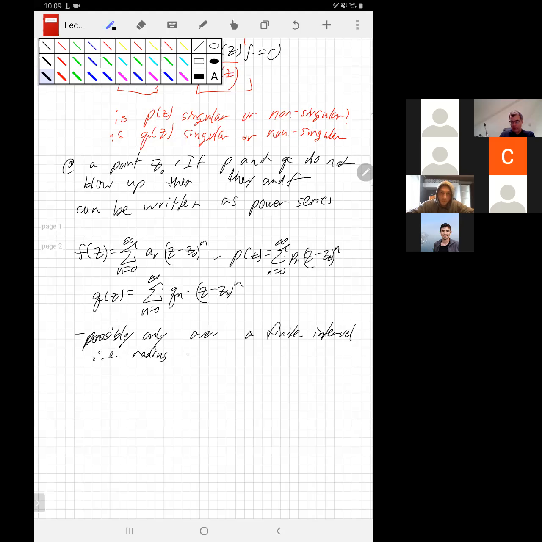There's no guarantee that we can write this out as a power series that's applicable from z equals minus 50 trillion all the way to z equals plus 50 trillion and beyond. But it is possible to write that out. That's a theorem.